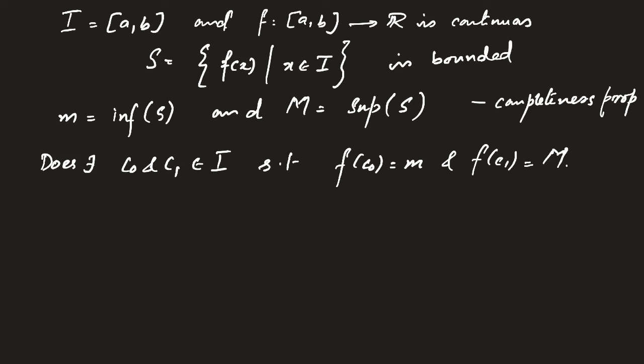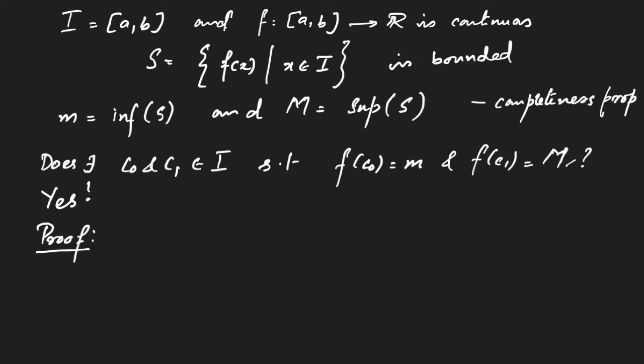And the answer happens to be yes. Let's try to prove this. We will prove that there exists a c_0 such that f(c_0) equals m. The proof that there exists a c_1 such that f(c_1) equals capital M is similar, and I leave that as homework.